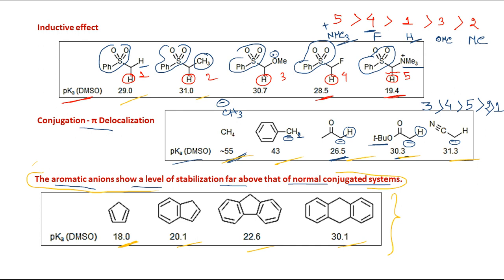Here we have aromaticity, so that is why the pKa values are so low. But now we will try to find from pKa which has the lowest stability and which has high stability. So this is minimum. Here the sequence is maintained: 18, then 20, 22.6 and 30.